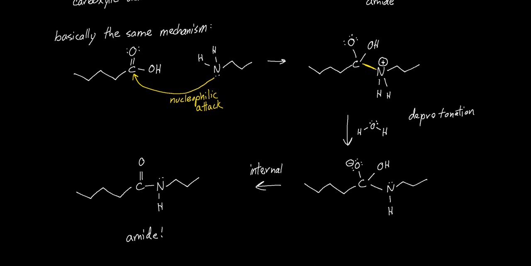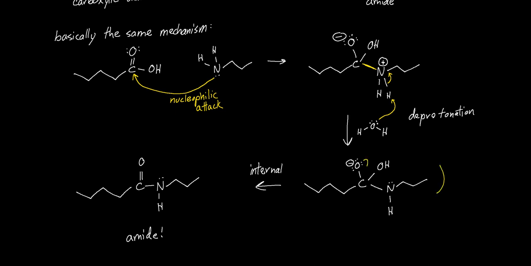Updating our formal charges, we end up with a nitrogen that's plus and an oxygen that should be minus. And a similar deprotonation step using water, although you could probably use another molecule of this amine to deprotonate, in fact. But either way, simple deprotonation leads us to this point.